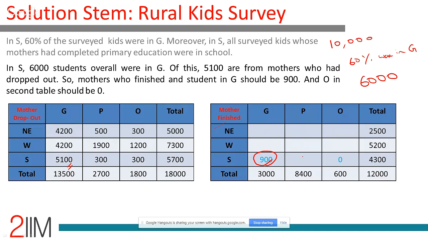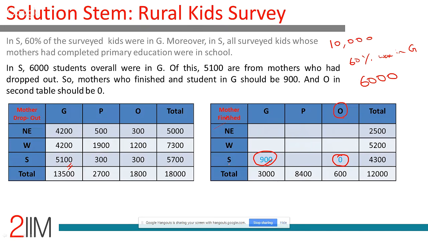And moreover, in S, all surveyed kids whose mothers had completed primary education were in school. So in this column, you should have a 0 sitting there. So mothers who had completed primary education and kids who have not been enrolled in school is 0. So we have filled 2 of these. What can you fill straight away?